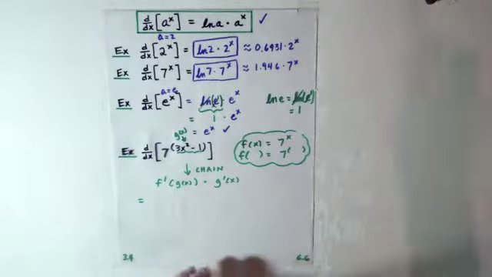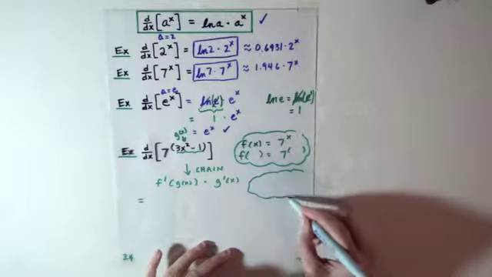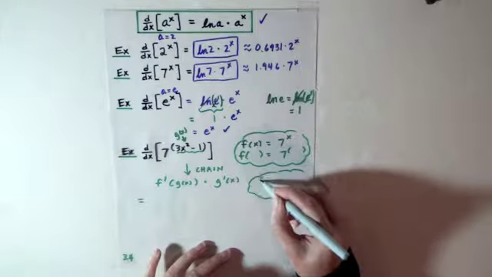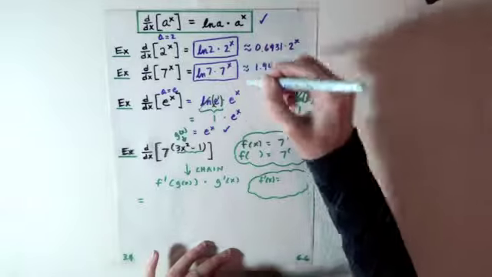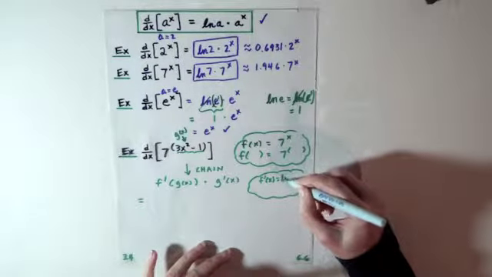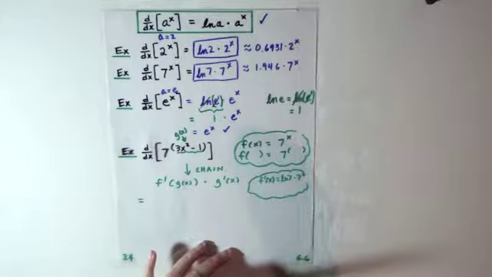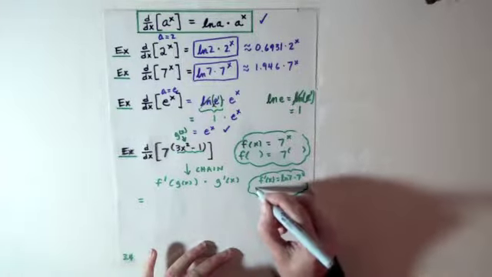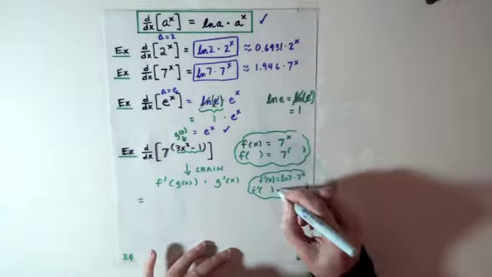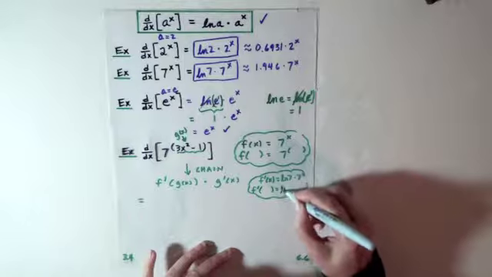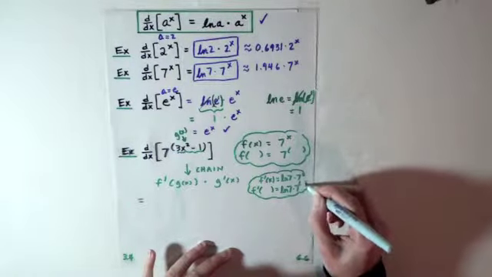So I'll do that on the side here in another little cloud. The derivative of 7 to the x is ln of 7 times 7 to the x. If I write that with empty parentheses everywhere I see an x, the derivative of our outer function is the number ln of 7 times 7 to the empty parentheses.